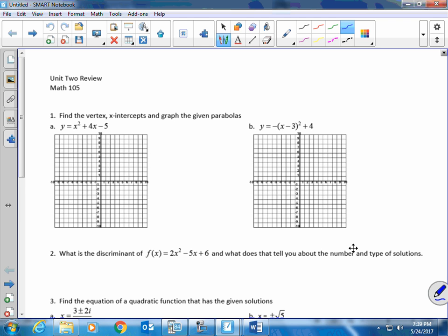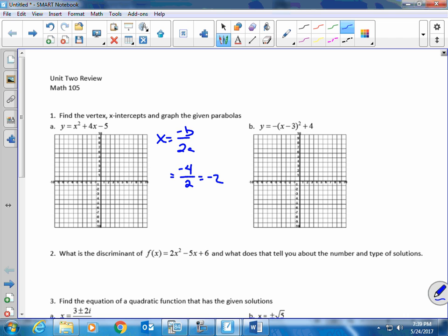So my vertex, in this case, I find by doing our little trick equation, negative b over 2a, the first part of the quadratic formula. So negative b gives me negative 4 over 2 times a, and a is 1. So my x-coordinate of the vertex is negative 2. If I know the x-coordinate, how do I find the y-coordinate?